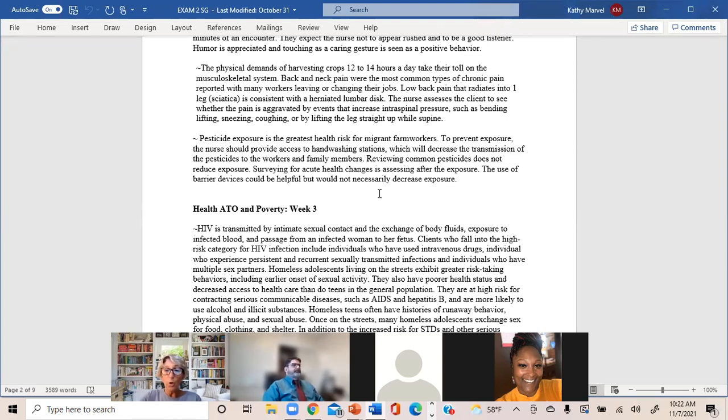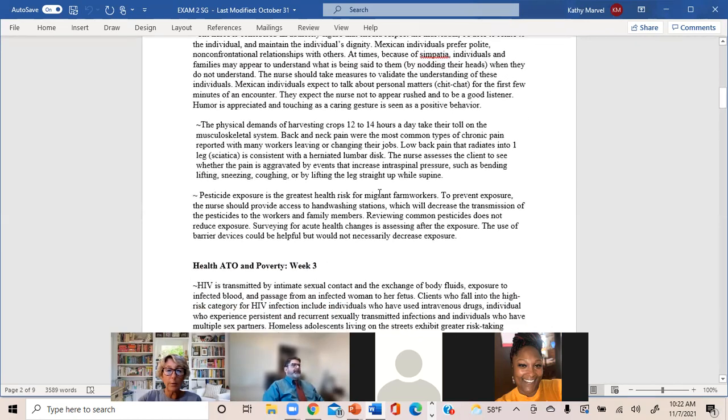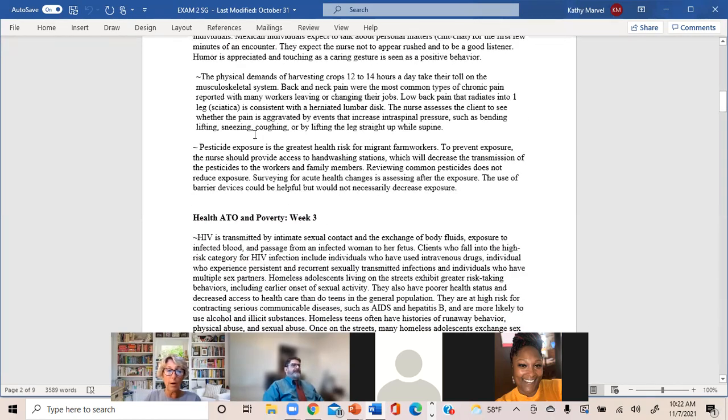Okay, so we're still on culture and migrant workers. Have a look at this paragraph that starts with the physical demands. Have a look at that, and then we'll talk about it. Okay, what's this question about? Types of injuries?